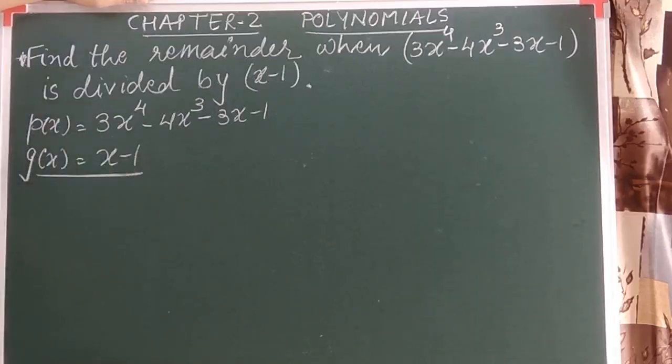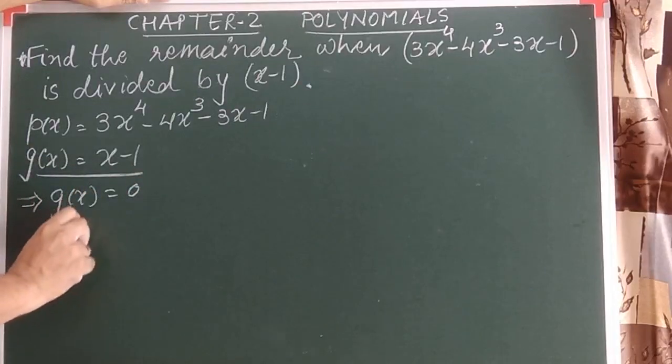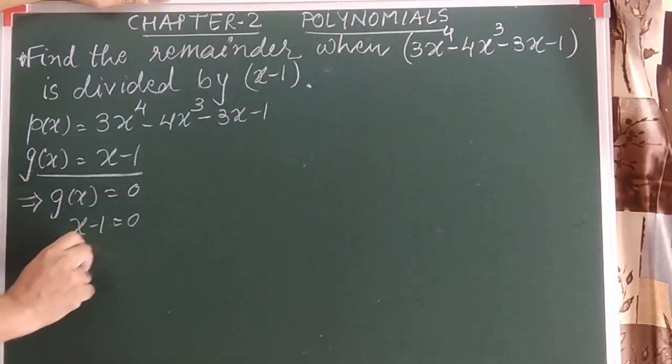First we will get the zero of this divisor polynomial. How to get the zero, that we'll discuss. If we consider g of x as 0, so x minus 1 as 0, the value of x is 1.